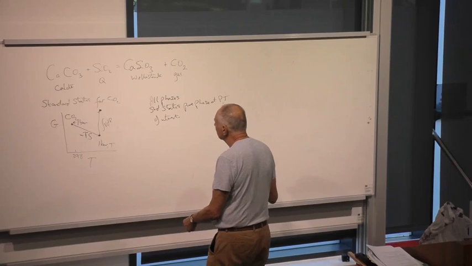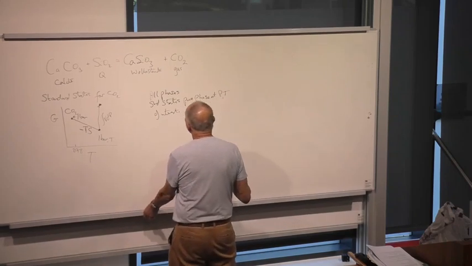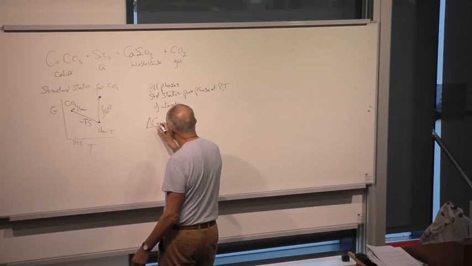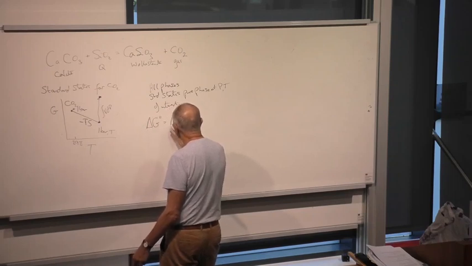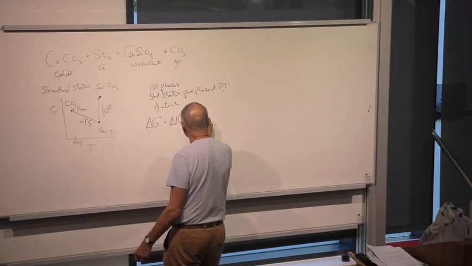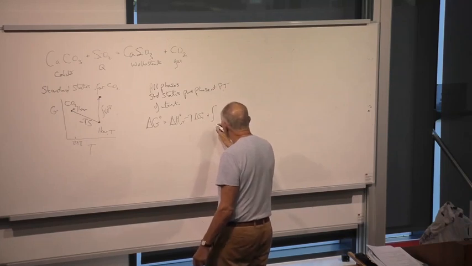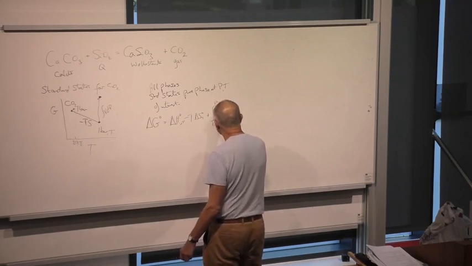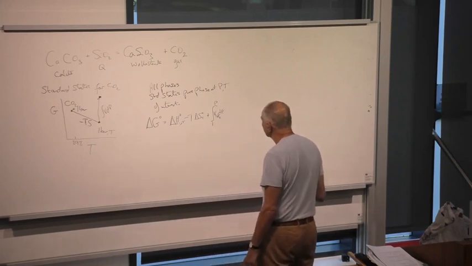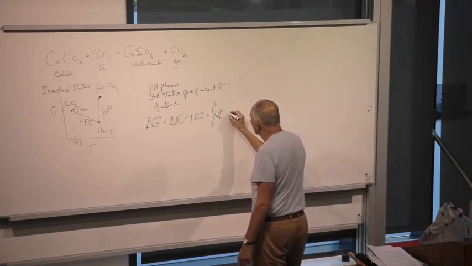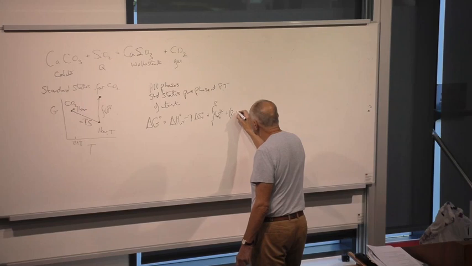Okay, so delta G0 then is going to equal delta H0 minus T delta S0 at T plus the integral from 1 to P, the volume of CO2 dP plus P minus 1 into delta V solids.